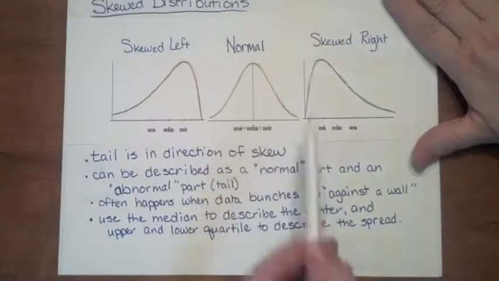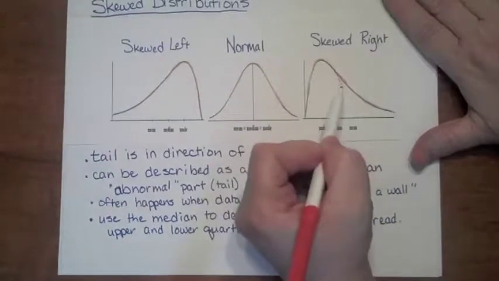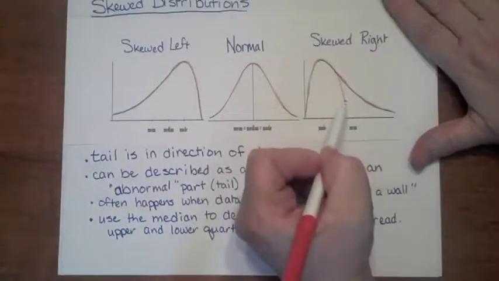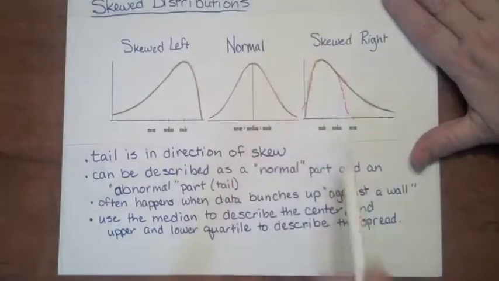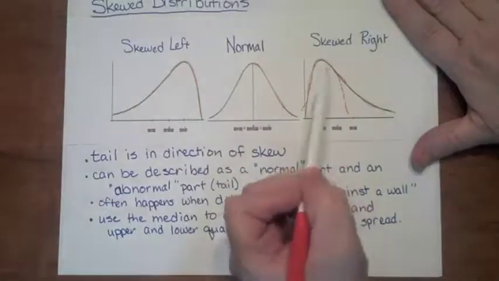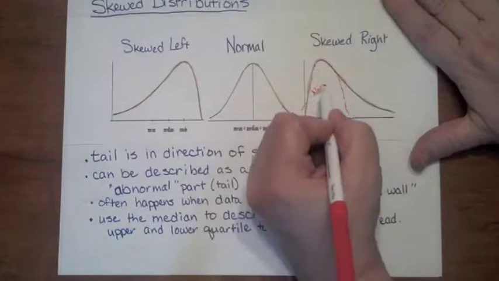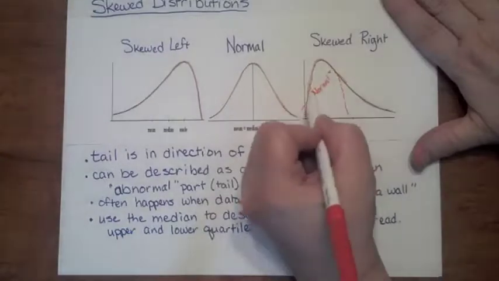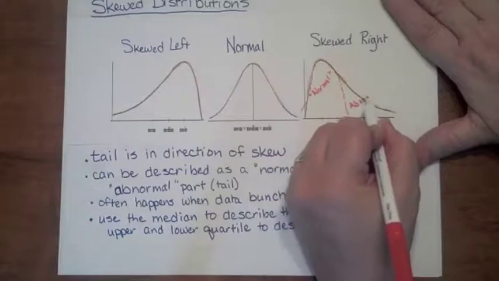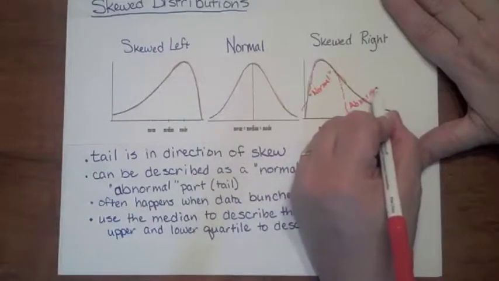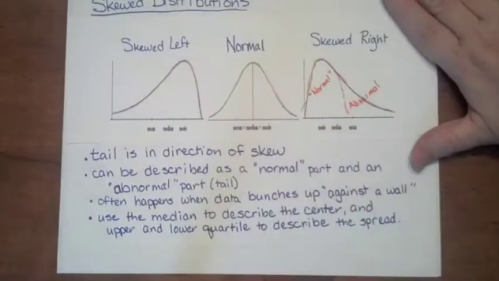And if you notice, it kind of looks like the same kind of curve, it's just that it has that tail. So I can usually describe my skewed curve as the normal part, and this part's the normal part, and the abnormal part of the thing. So data that happens in this tail is called abnormal data.